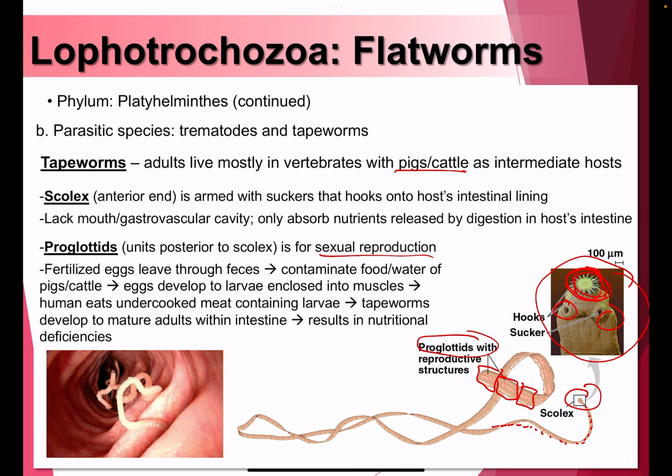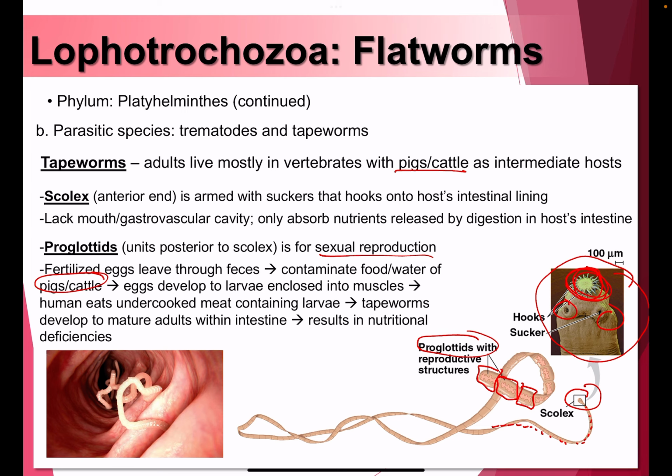Each one of these can have fertilized eggs, and then they leave through your feces, just like the trematodes. Let's say it somehow contaminates the food or the water that is fed to pigs and cattle, which are the intermediate hosts. Those eggs within the pig or the cattle will then develop into larvae, and they encase themselves, or encyst themselves, in the muscles of the pigs.